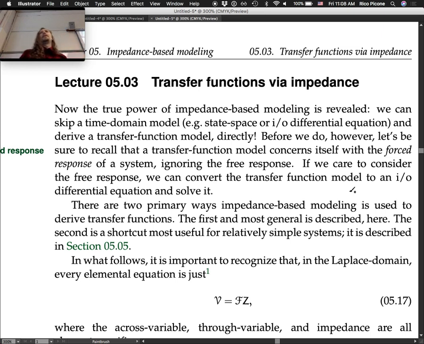including using Laplace domain methods to solve it if you want, which is fine. Remember that when we derive the transfer function, we use the Laplace transform, just like we would to solve a differential equation with Laplace transform techniques. But then we ignored the free response aspect to derive the transfer function.